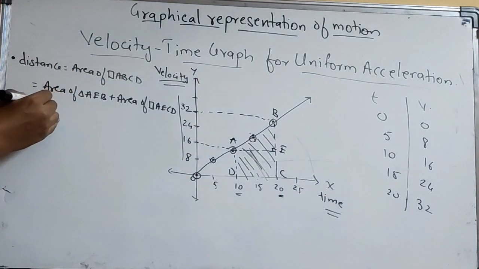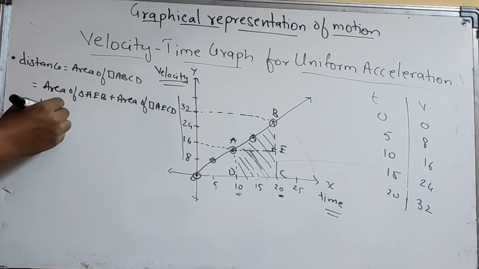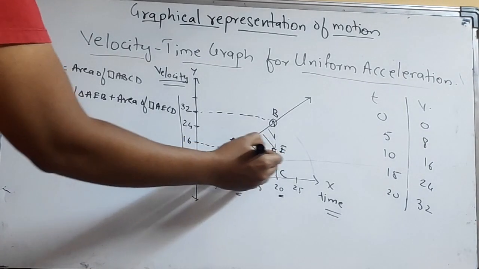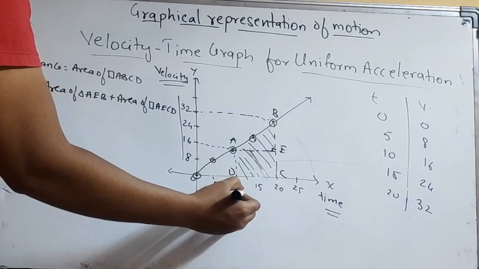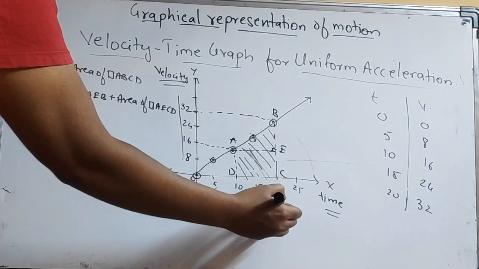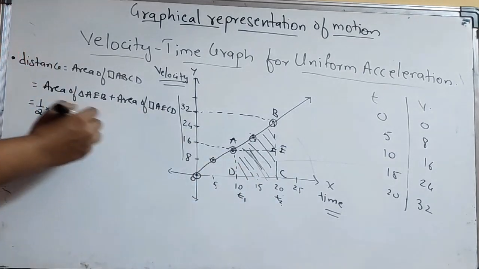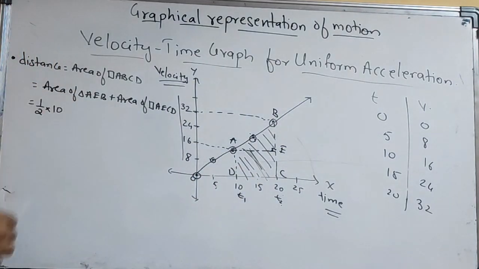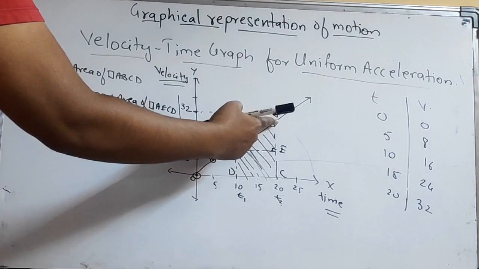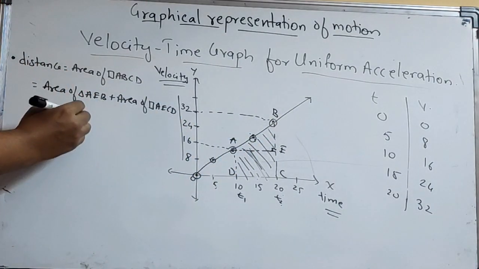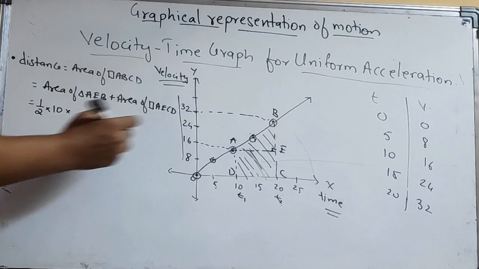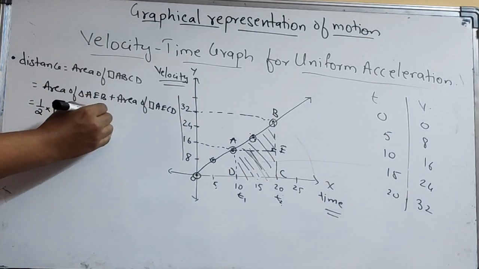Area of triangle is half into base into height. So half into, what is the base? AE. The distance AE is given by T2 minus T1, so 20 minus 10, that is equal to 10. And BE is given by 32 minus 16, that is 16.